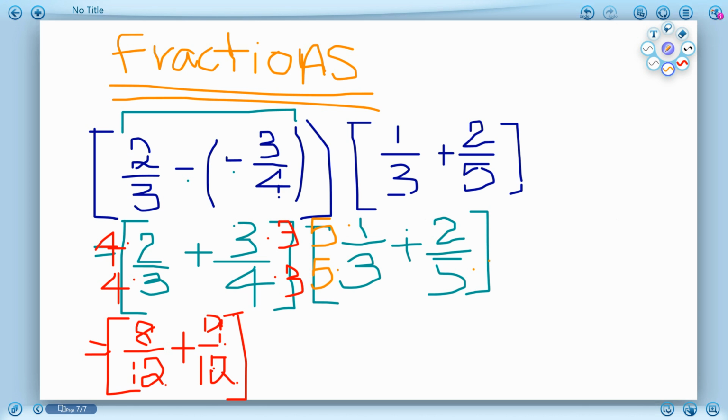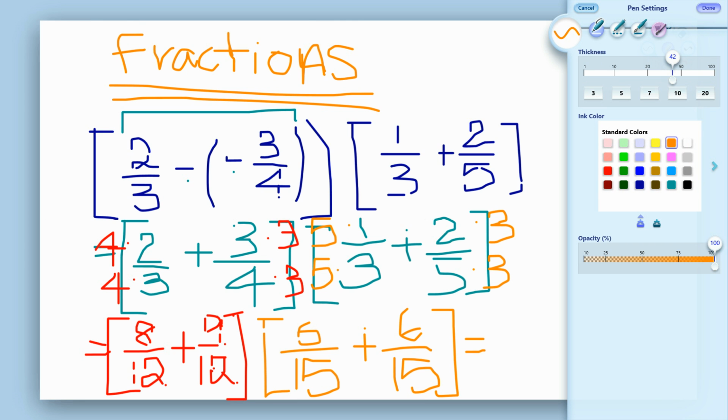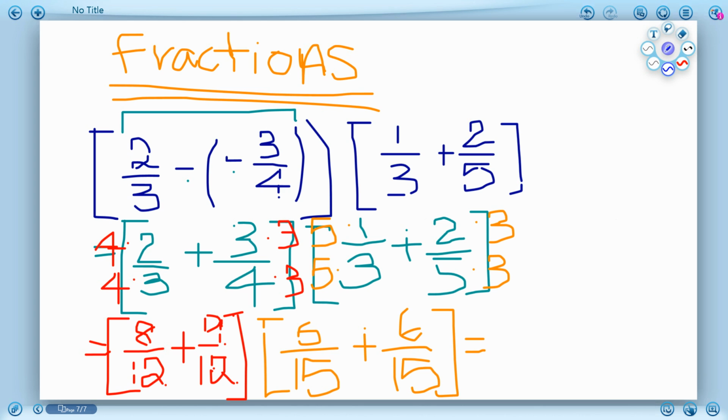On the right one, I'm going to multiply by 3 on both top and bottom. So in this bracket, I now have 5 over 15 plus 6 over 15. Since we have the same denominators now, I can go ahead and solve this. 8 plus 9 gives 17 over 12. In orange, I have 5 plus 6, so I get positive 11 over 15.